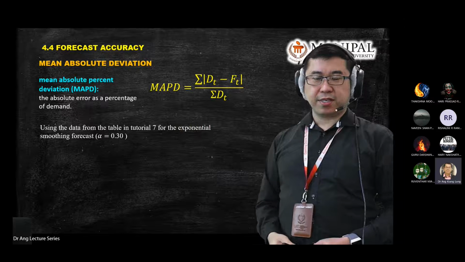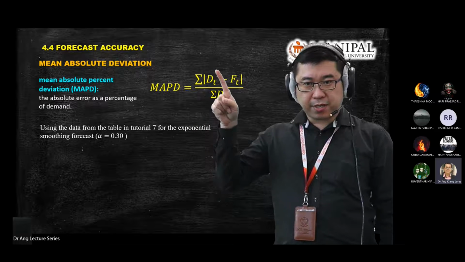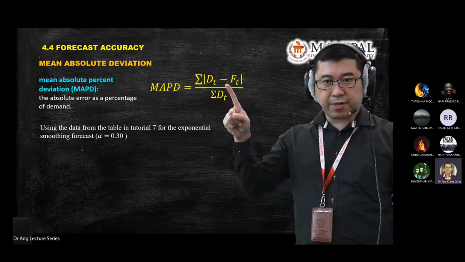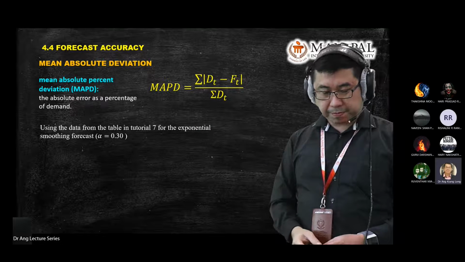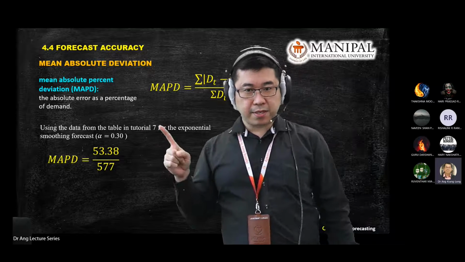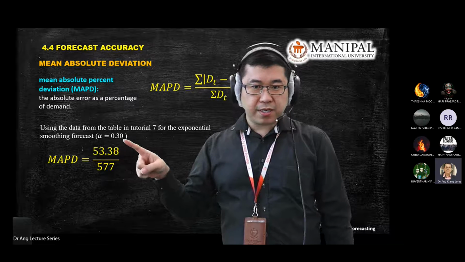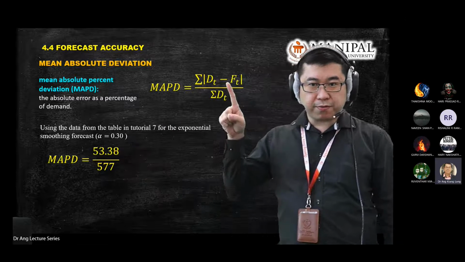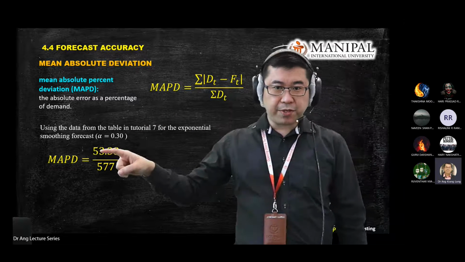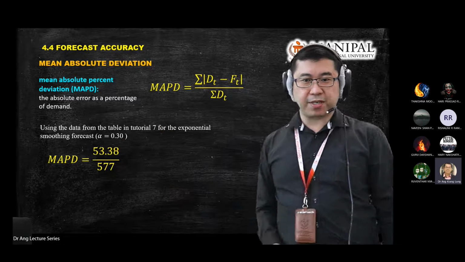MAPD equals total absolute error divided by total demand. So if you take the example of tutorial number 7, the MAPD, you take the absolute value 53.38 divided by 377. What does it mean?